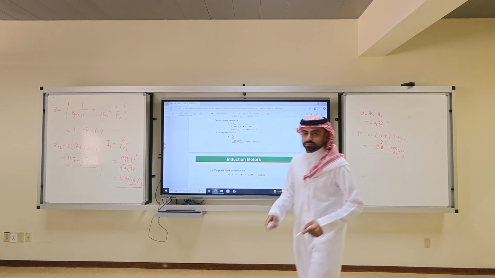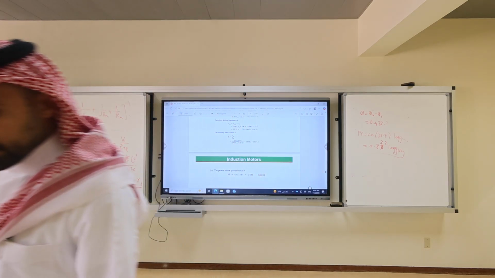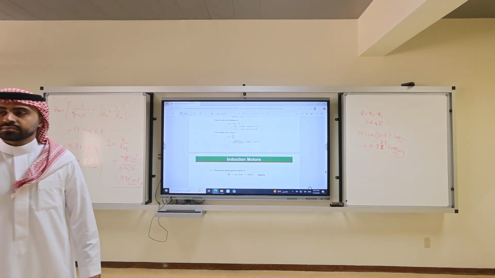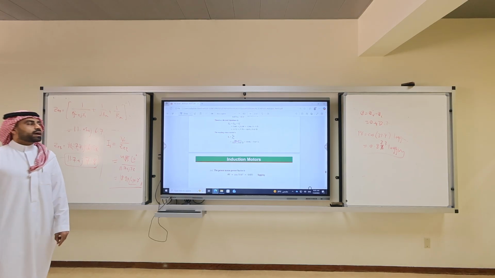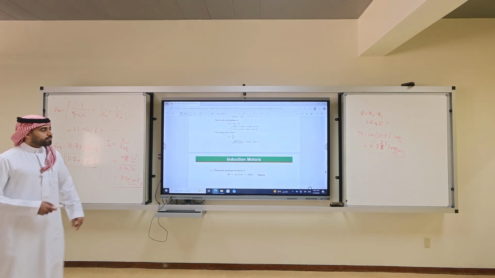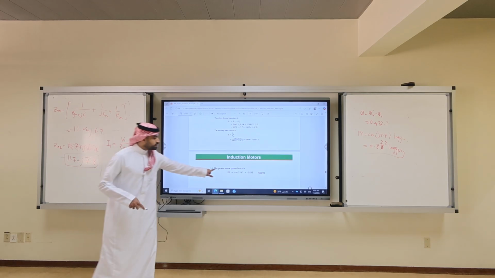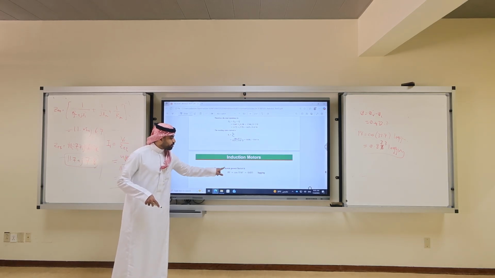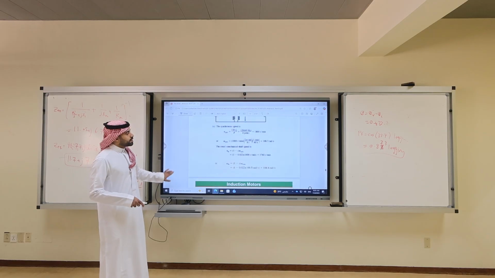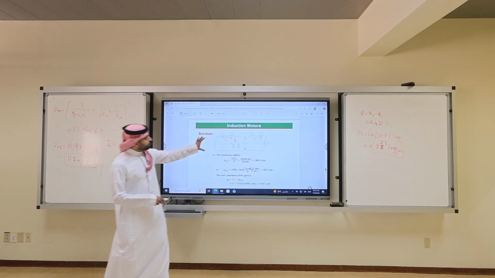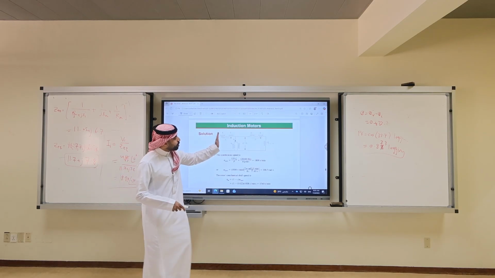Will the power factor be the same for the load? The power factor of the motor is the power factor of V and I1 with the whole motor.